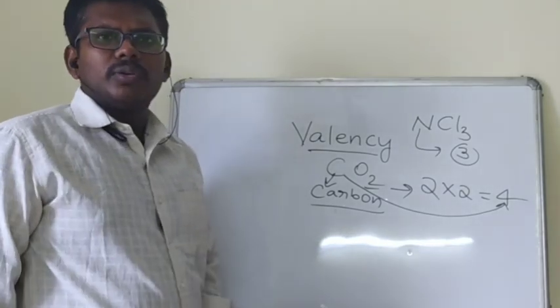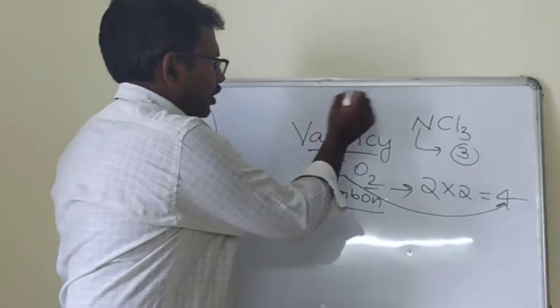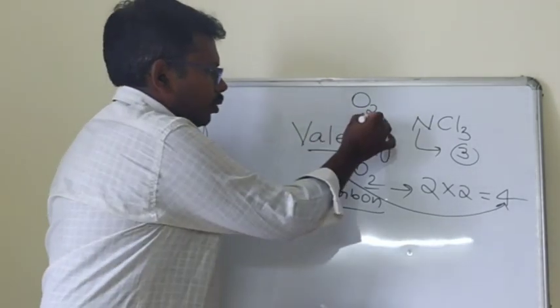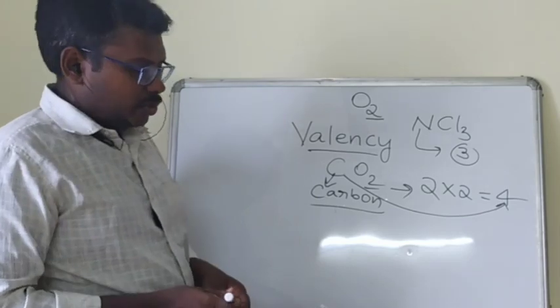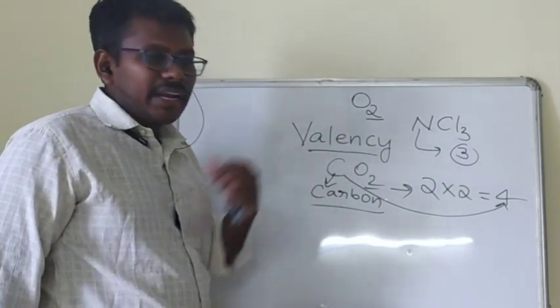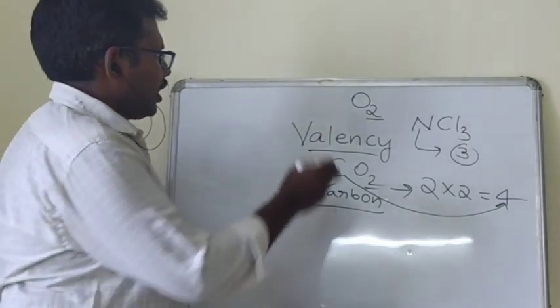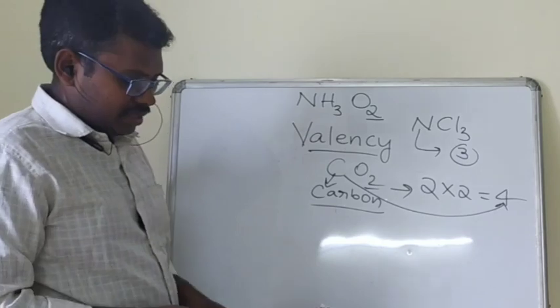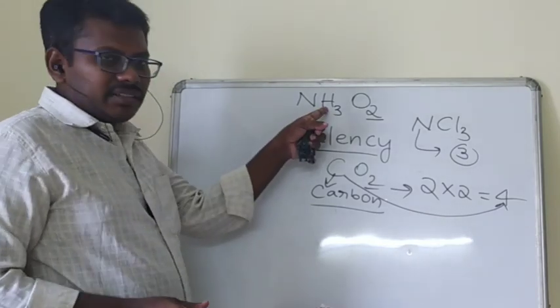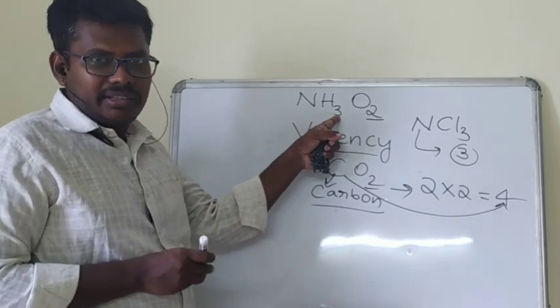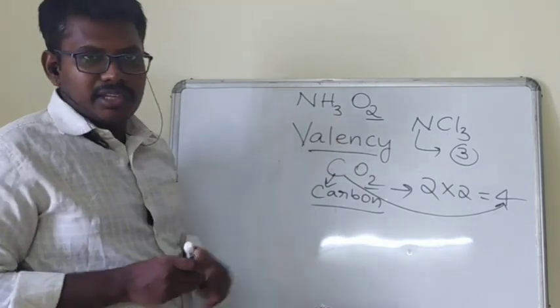Now one more thing you want to know, what the subscript number means. For example, I took O2. Down, which number is there? 2 is there. So it contains 2 atoms. For example, I took NH3. If you see, H has the number 3, so 3 hydrogen atoms are there.